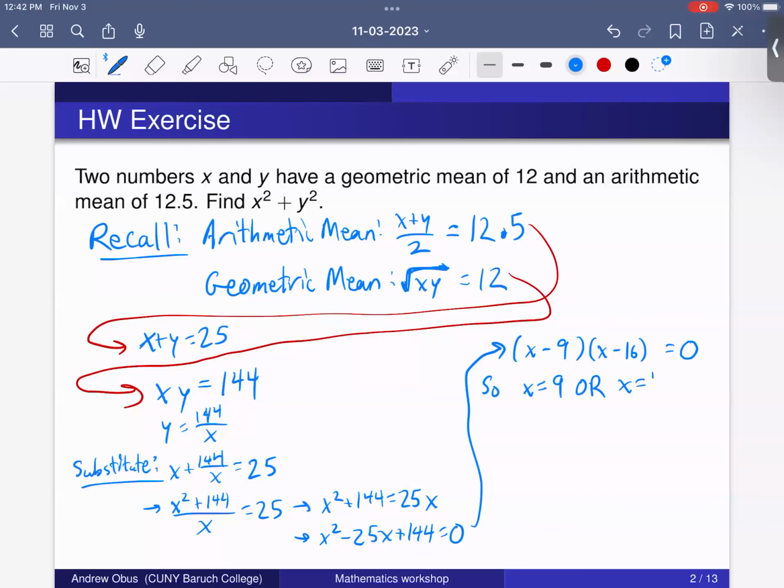Great. Okay, so x is equal to 9 or x is equal to 16. And then of course, since we have a value for x, we can find y by using the equation that says y equals 144 over x.